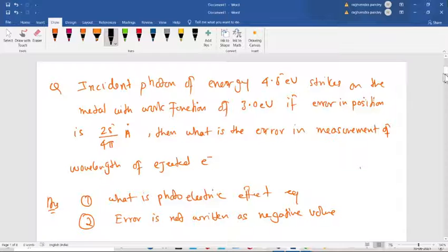In this case, we can write this as dE into dt is equal to h upon 4 pi. Sometimes the differential of energy is needed. They haven't asked the question, but we can't deny the possibility here.